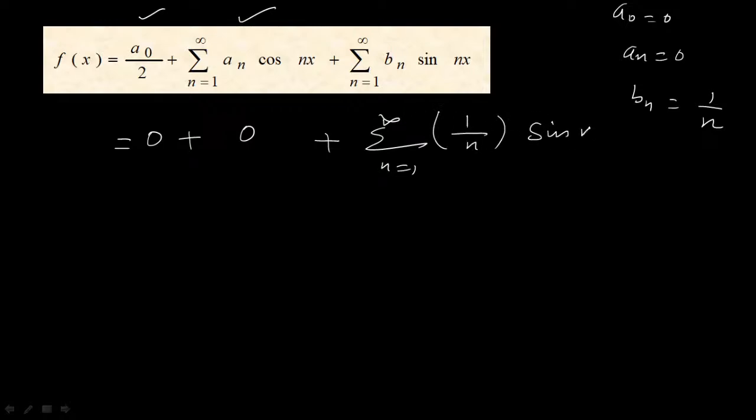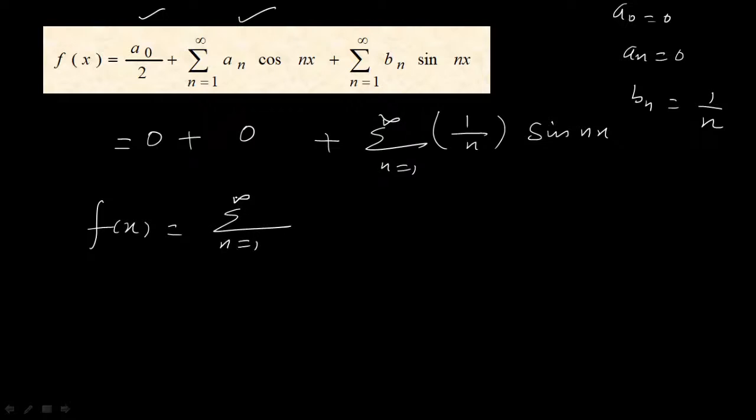Let's now substitute all these values. So a0 becomes 0 means the first term becomes 0, isn't it? Plus an becomes 0 means the second term also becomes 0. Plus sigma n is equal to 1 to infinity, here bn is 1 by n sin nx.